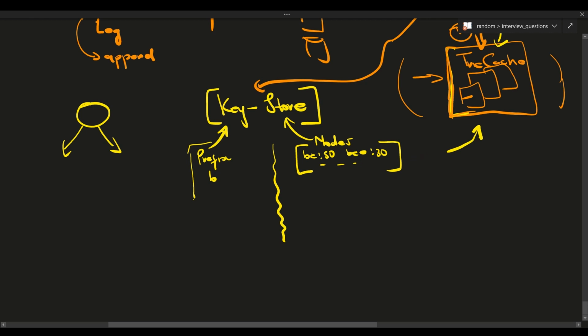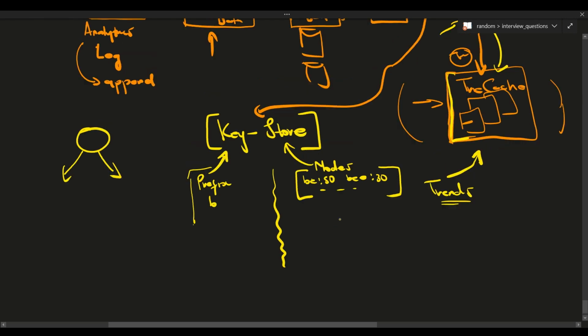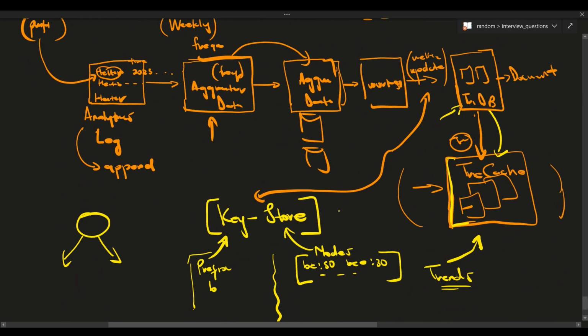If you think about it, the interviewer might say, but what if we have trends going on today and we want to capture that? So this might change, but it wouldn't change that much, but that's the idea.